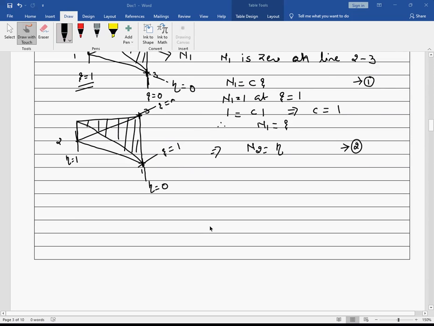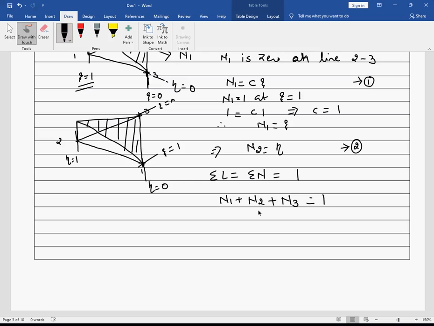Okay. So now we are aware, from the Lagrange's interpolation, that the sum of all the functions will be 1. This we have already seen. So therefore, what we can write here in this case is N1 plus N2 plus N3 is equal to 1. This is what we studied earlier: the summation of all shape functions is 1.